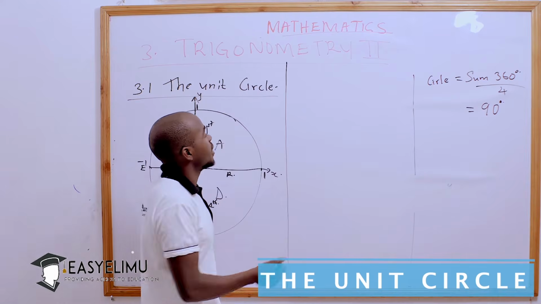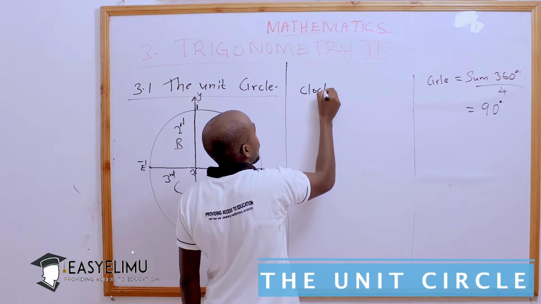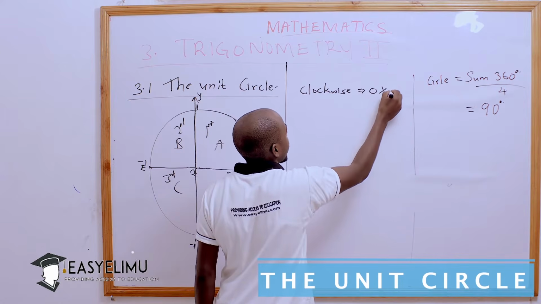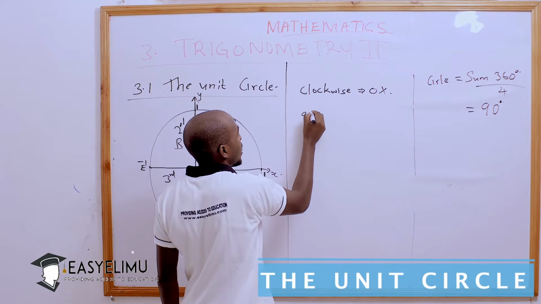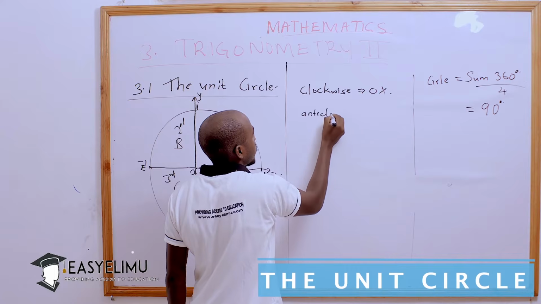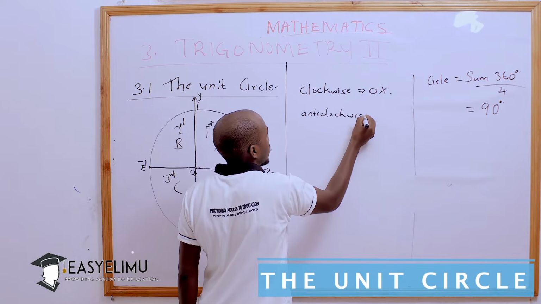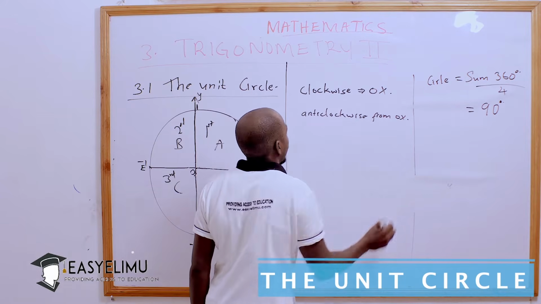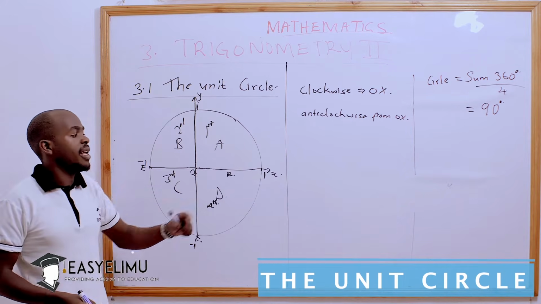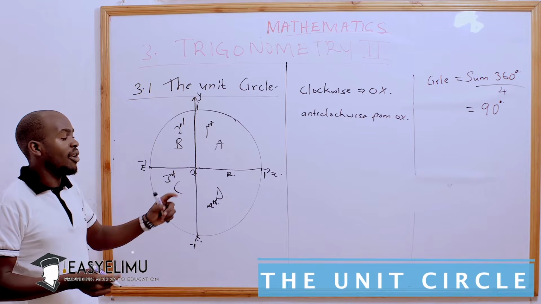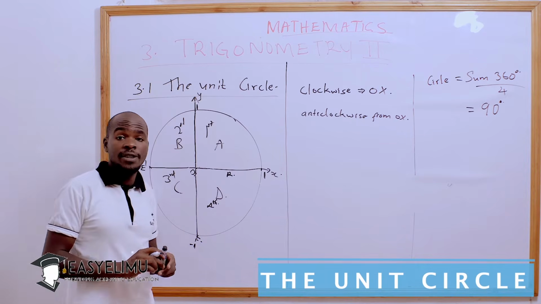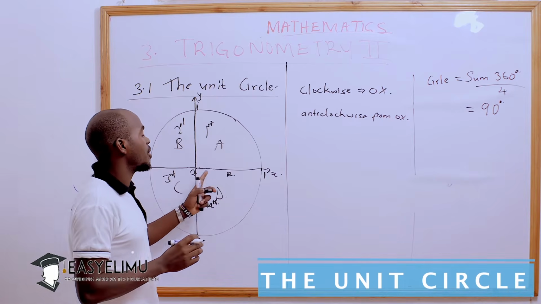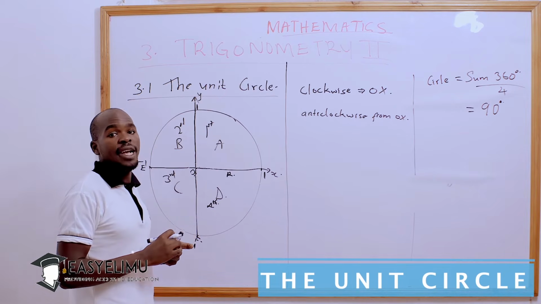Some angles are measured clockwise from the line OX, and others are measured anti-clockwise from line OX. OX is the radius of that circle, but it's along the x-axis, so that is the reference point, and most of the angles are measured with reference to that OX line.